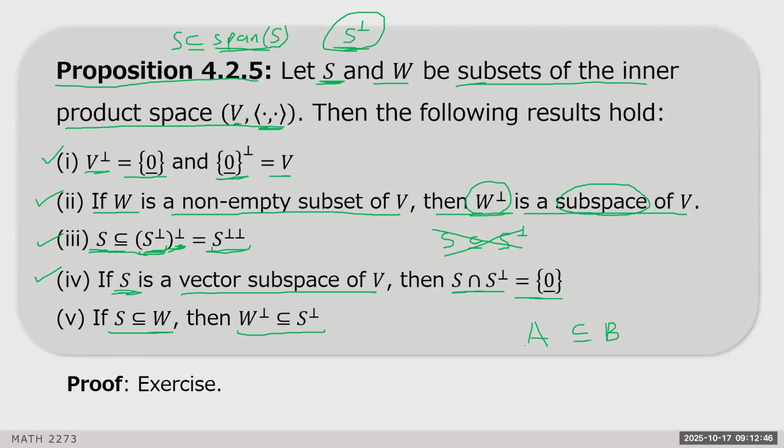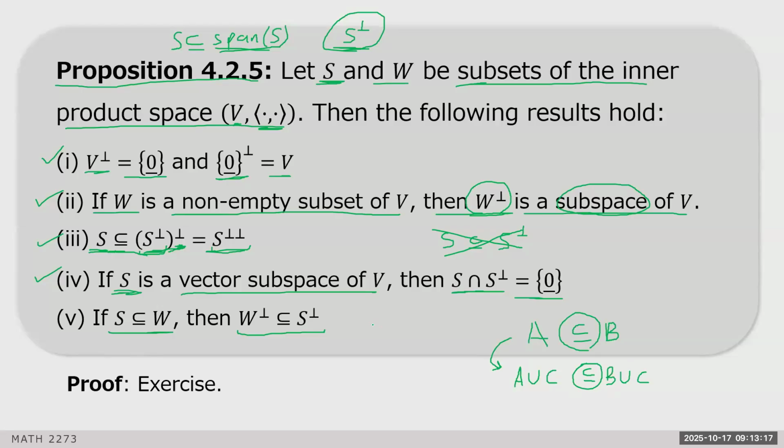Maybe union. Let's say I have A subset of B, and I'm unioning both sides with another set C. Then I get A union C is contained in B union C. That makes sense, right? So I'm just unioning both sides with C. Notice that the subset relationship did not change.